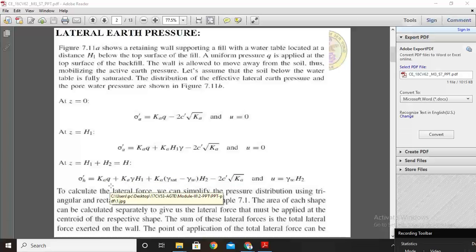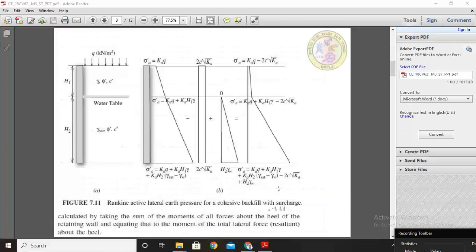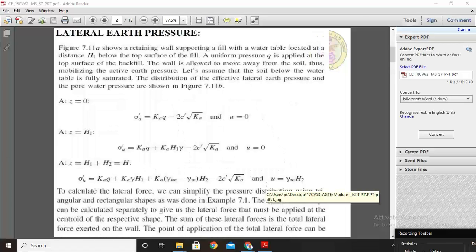Calculating here, sigma dash h is K_A Q plus K_A times gamma h1 plus K_A times (gamma saturated minus gamma W) into h2 minus 2C root K_A. These equations are at the depth h1 plus h2, and u equals height into density, that is h2 into gamma W.